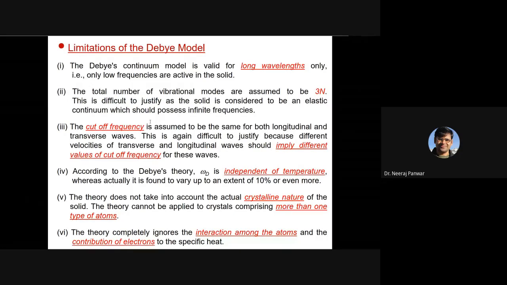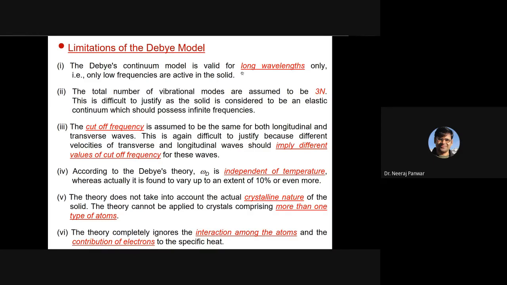So we saw that the Debye model was the most successful model, and it is till date the most successful model to explain the heat capacity of solids, but at the same time it has some limitations, which are as follows. The Debye model is a continuum model and is valid for long wavelengths only, and long wavelength means low frequencies are active in the solid.